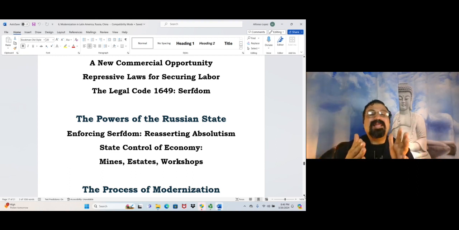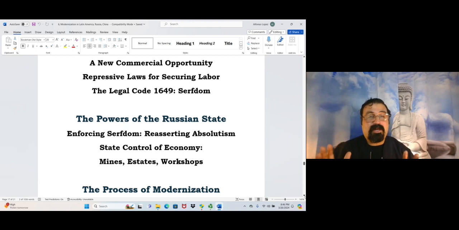In other words, they're making it a legal institution. The Legal Code of 1649 said those individuals that are enserfed at this point were to remain serfs. Again, this is going to be a perpetual condition that is going to be inherited from generation to generation, in other words. So there's no possibility of emancipation, in other words.